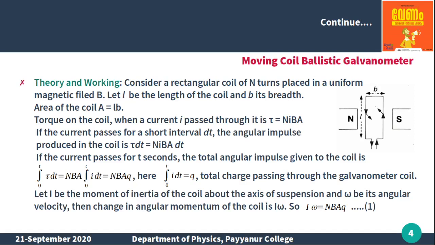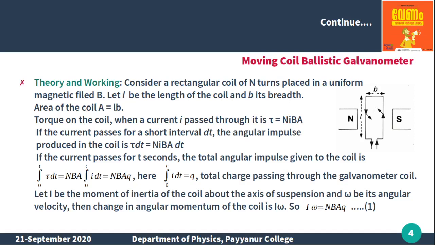Because d by dt of I omega is tau. You know that d by dt of angular momentum will give you torque, just as dp by dt gives you force. So d of I omega by dt should give you torque. You learned that in +2.